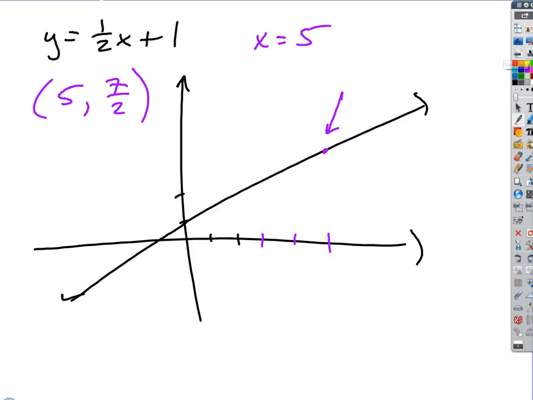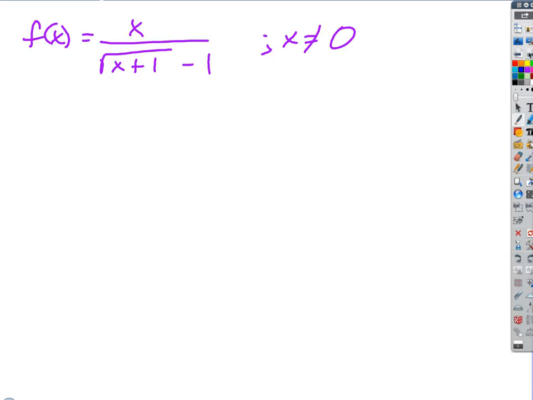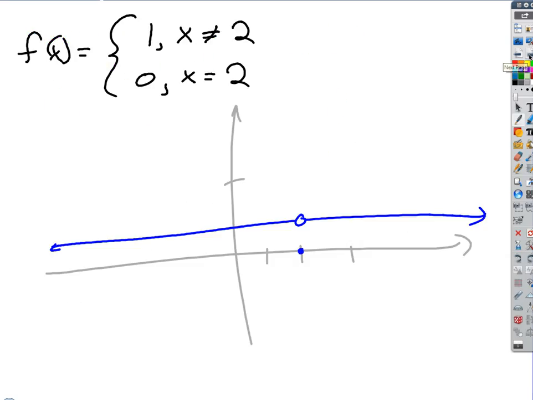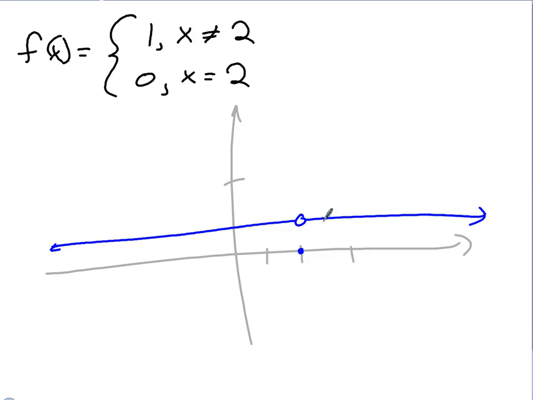Okay, what about this function here? Does the limit exist? It does. The limit exists because as we walk along this function from either direction, there's a definite place that we think we're going to step on, isn't there? Where is that? At x equals 2, y equals not 0.